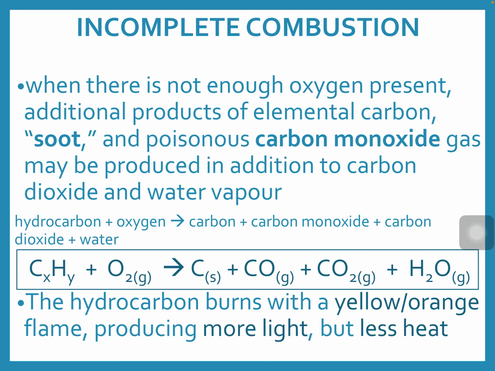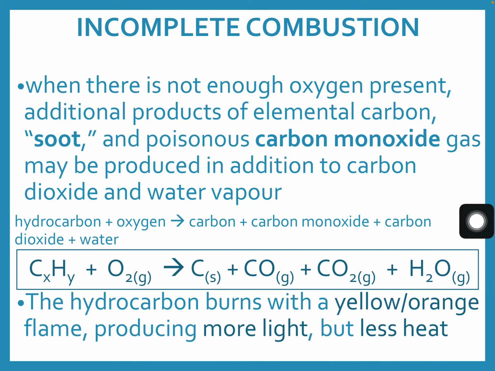So incomplete combustion is when there isn't enough oxygen, and so that means that we don't have enough oxygen to make carbon dioxide. So some of our carbon with oxygen may be carbon monoxide because there's not sufficient oxygen, or we may even have elemental carbon or just carbon on its own. And we also call that soot.